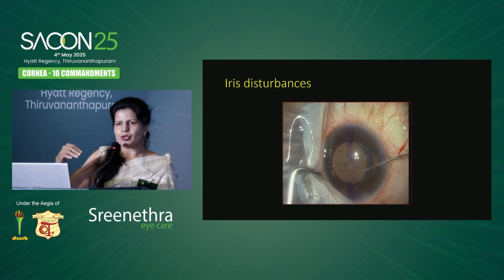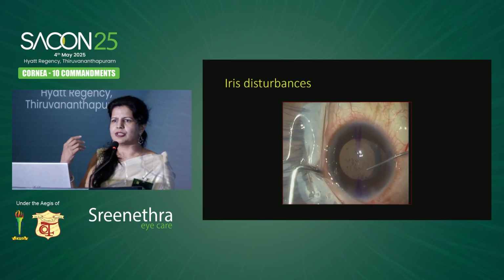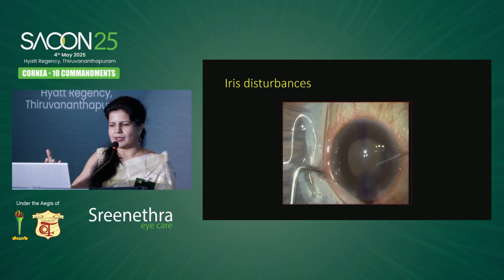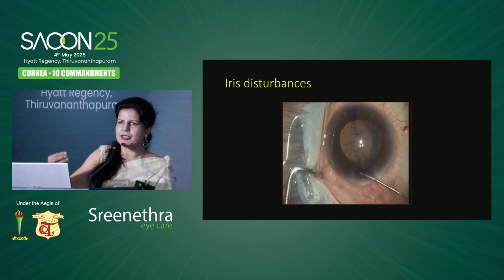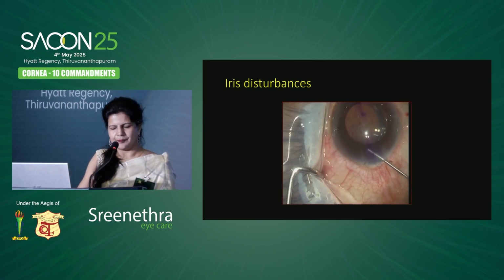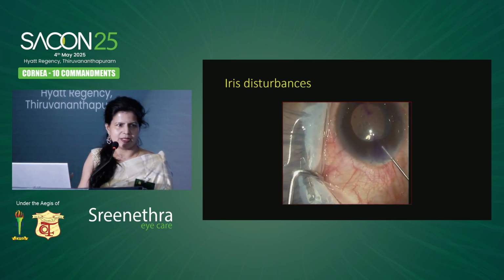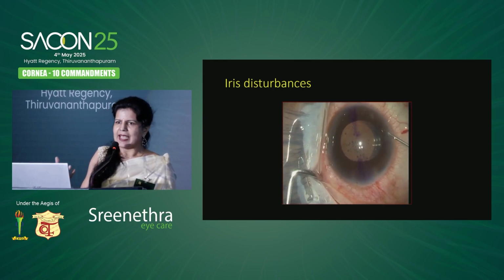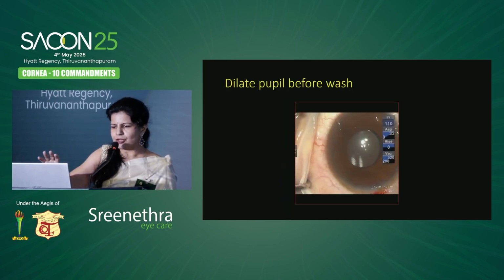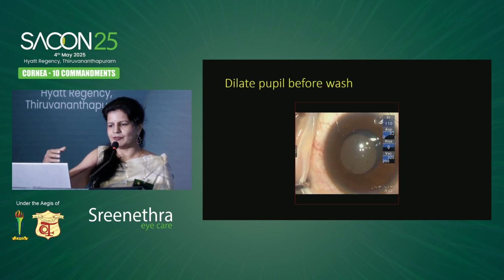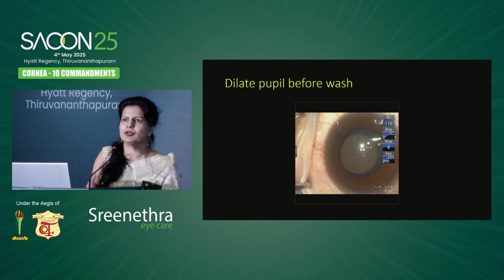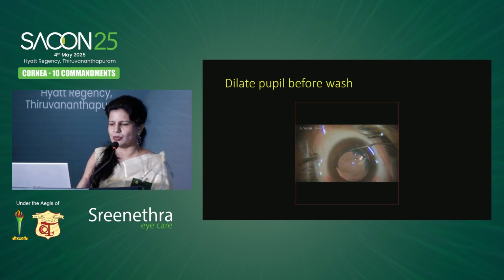Now, whenever you're washing out the viscoelastic from the chamber, I usually use HPMC rather than thick viscoelastic. Iris disturbances are possible because the pupil may be small, because there may be too much viscoelastic inside the chamber. So one solution for this is, after putting in the ICL, if the pupil constricts because of maneuvering, please dilate it pharmacologically before ejecting the viscoelastic.